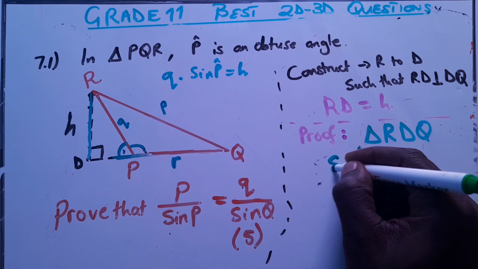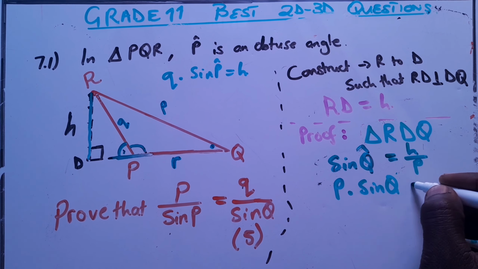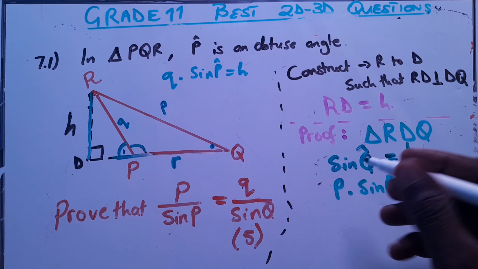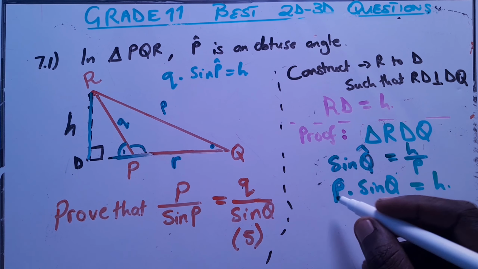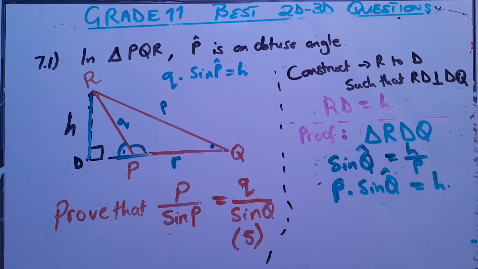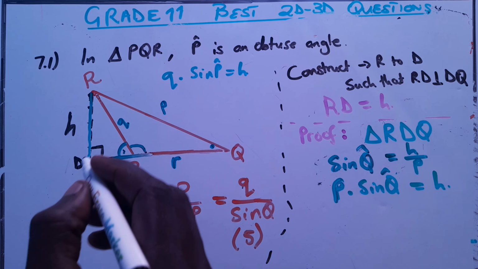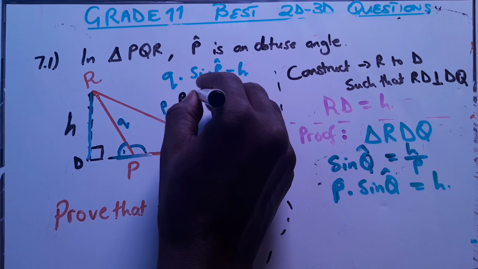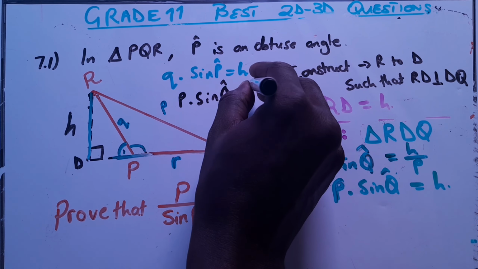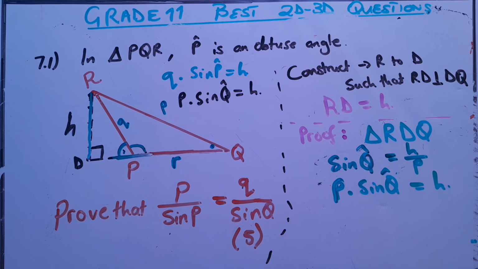Multiplying out, our p multiplied by sine of Q is equal to h. This p is a small letter, guys. So we can also write that down: p sine Q equals h.